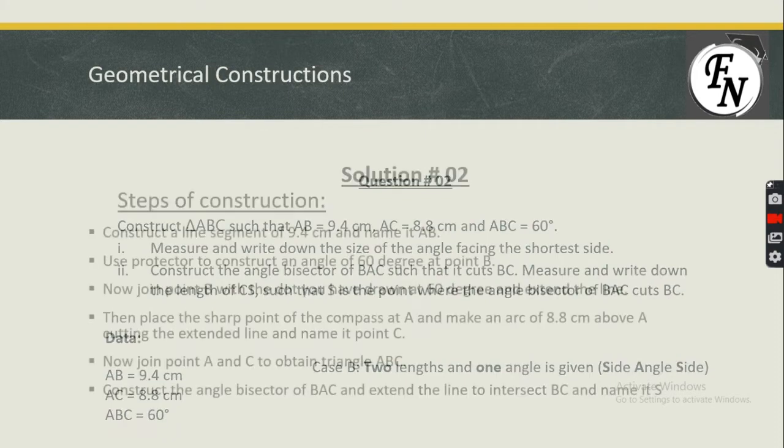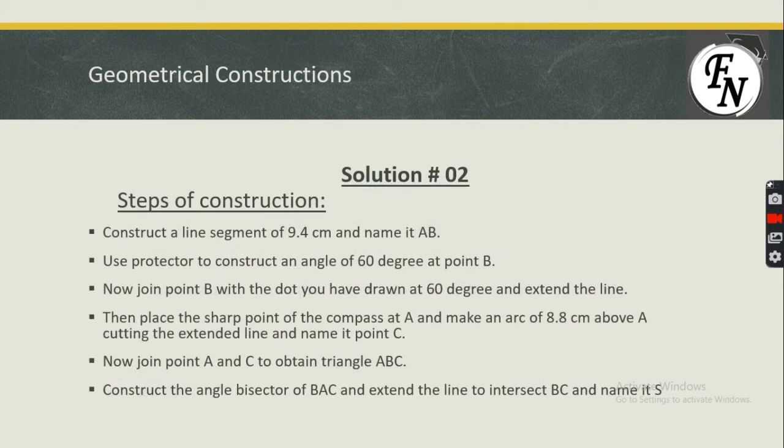First of all, let's look at the steps of construction, then we will look at the construction on the piece of paper. First we will draw the line segment of 9.4 centimeter and name it AB. Then we will place a protractor at point B and mark the angle 60 degrees.